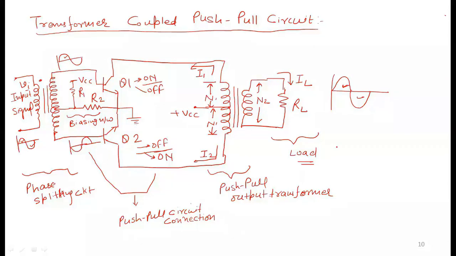The second kind of circuit is the complementary symmetry circuit. In the transformer coupled push-pull circuit, we have seen that we used two transistors of the same type, NPN, and this is also NPN. But in the case of complementary symmetry circuits, we will use two different types of transistors. So let's discuss the complementary symmetry circuits.